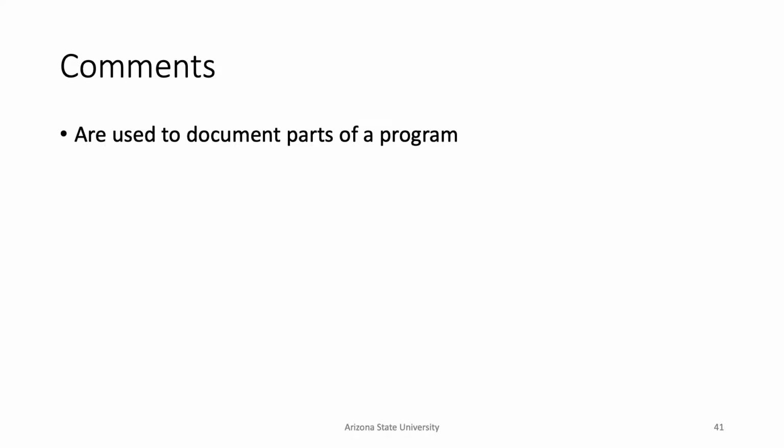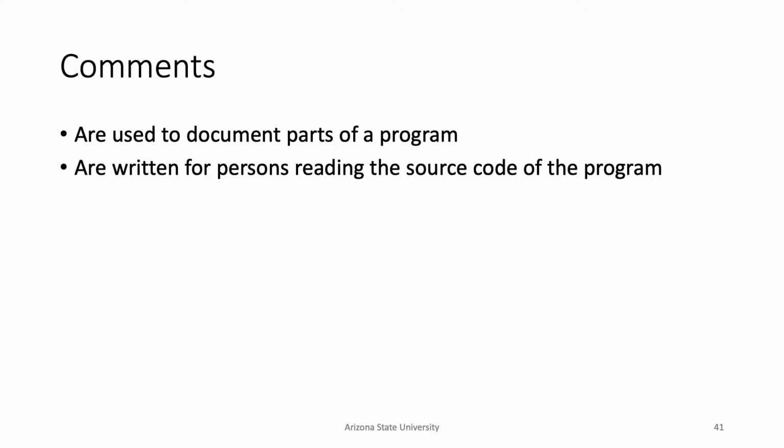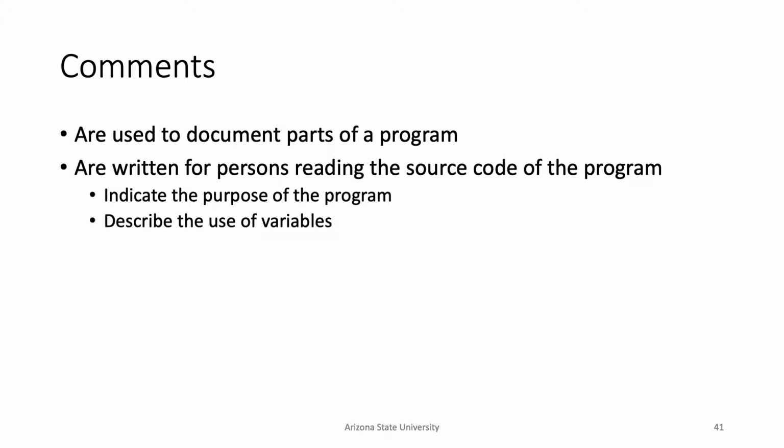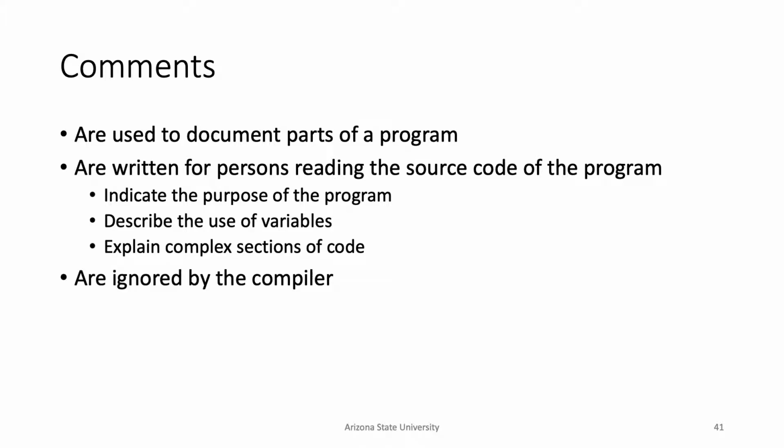So this may be useful for you for assignment 1. Comments are just a way of documenting the program. What is the program actually doing? The only purpose of comments is to provide the person reading it some information about what's happening. That's all it does. Comments indicate the purpose of the program, describe variable usage, explain complex sections of code, that sort of thing.